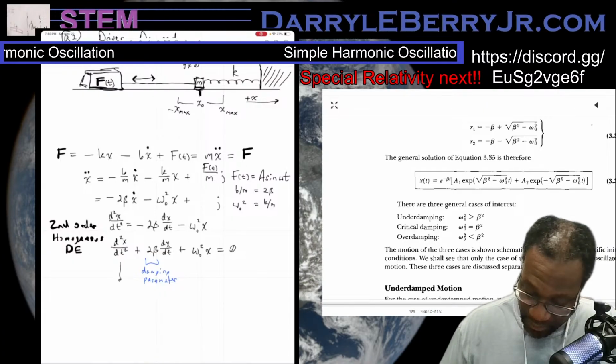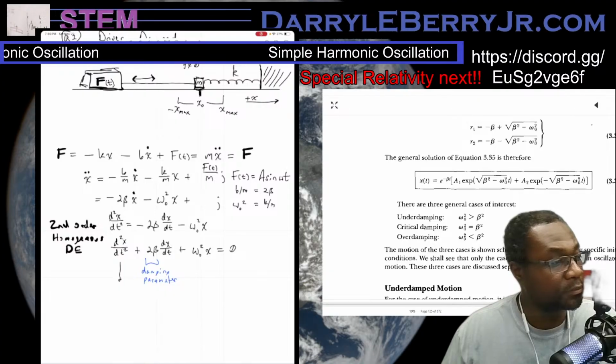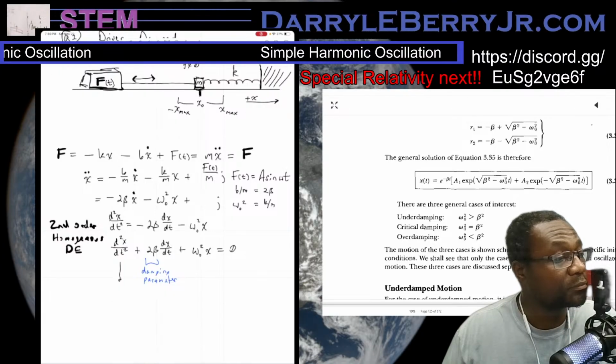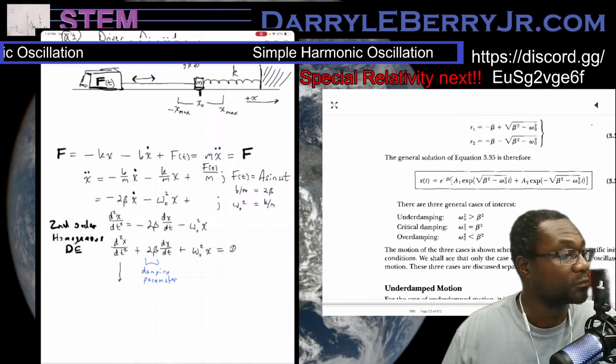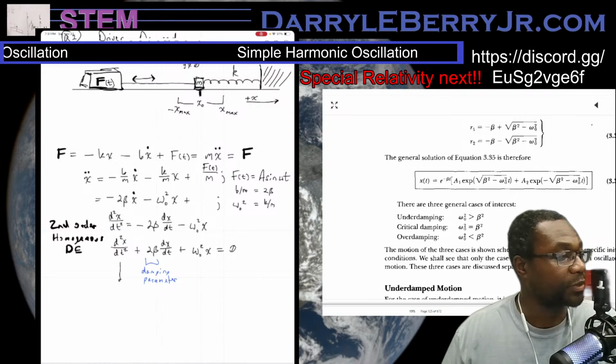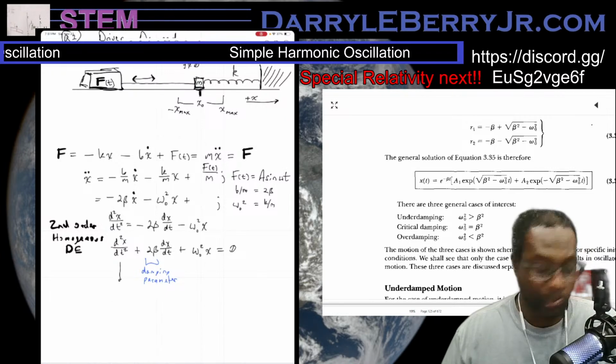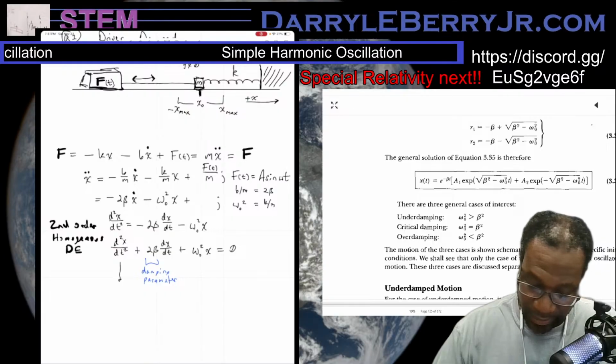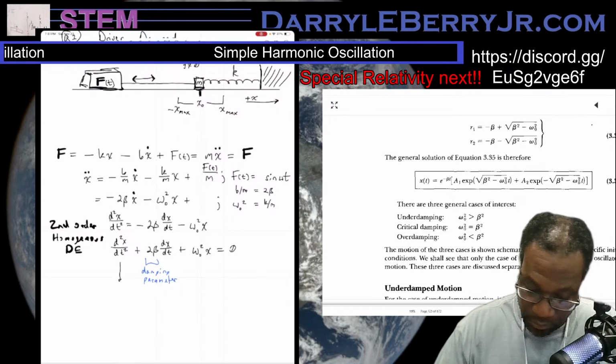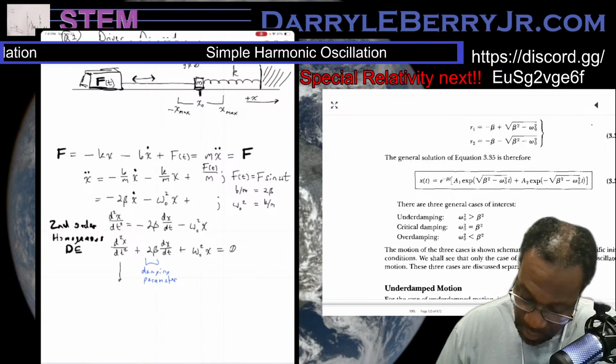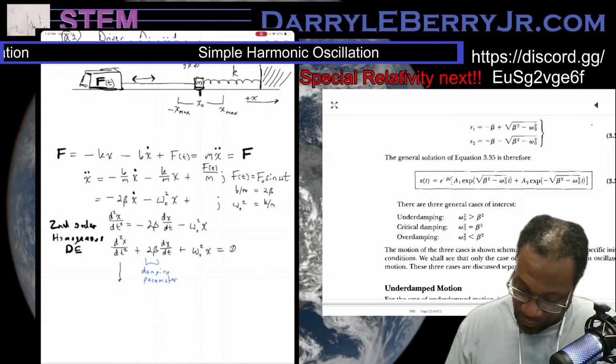And then we can say that, actually, I'm going to mess up my notation. So it's not A, we'll call it F naught. F naught sine omega t.